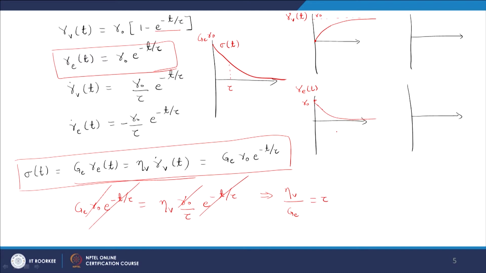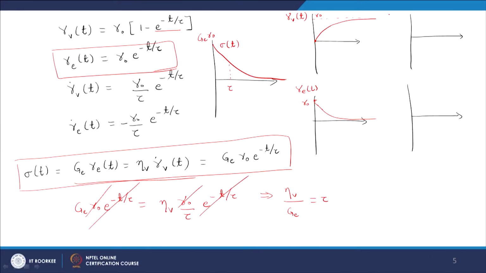So, while the shear or the extension of the viscous element is increasing with time, the shear or the extension of the elastic element is decreasing with time, and the same thing we can also look at in its derivatives. If I look at gamma V dot (t), it will start with a large number, that is gamma naught by tau, but this will decrease with time.